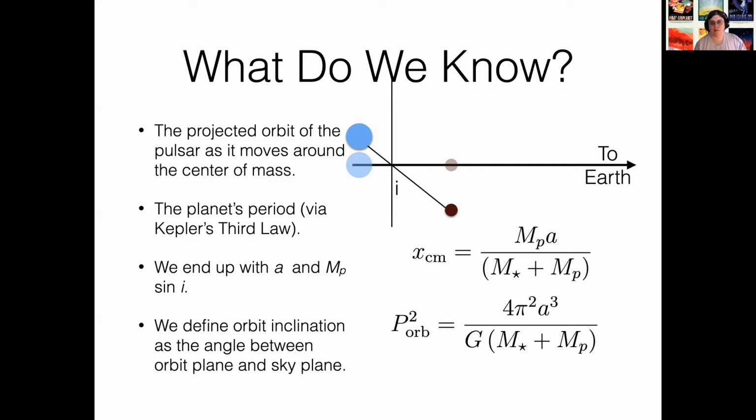Now, the problem is we're only sensitive to the projected orbit of the pulsar, only sensitive to the line of sight motion. So that angle I marked on the graph is a free parameter. What it ends up doing is that the planet mass we find is actually the planet mass times sine I. So we have only a minimum mass.